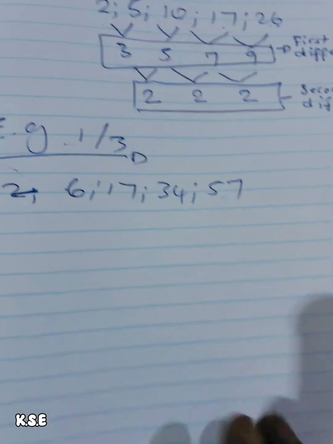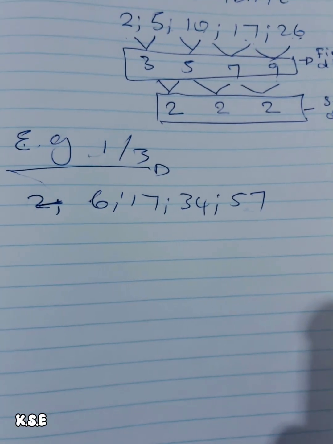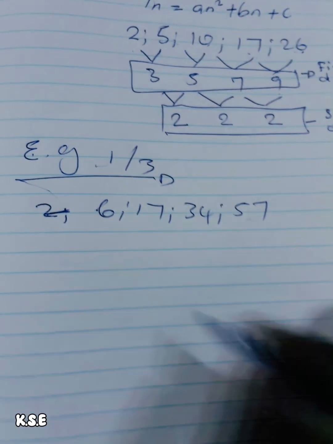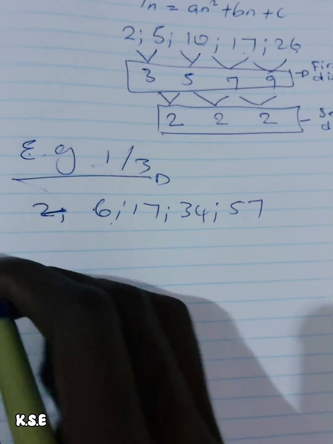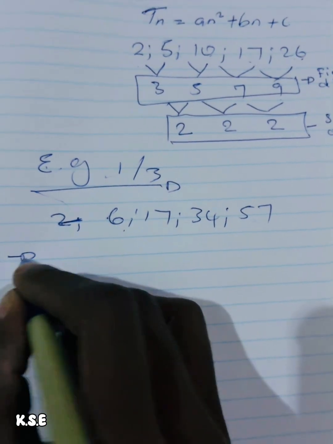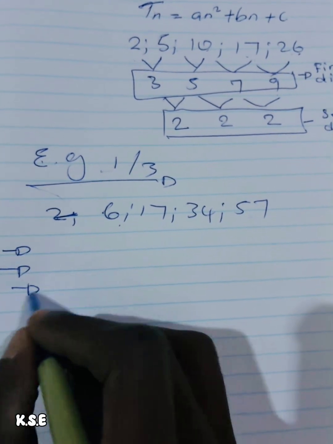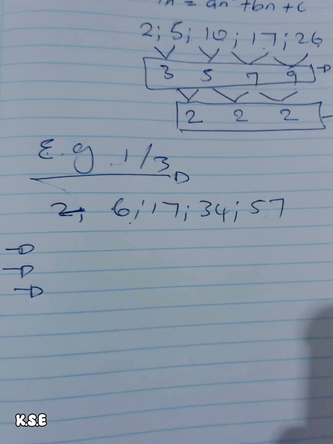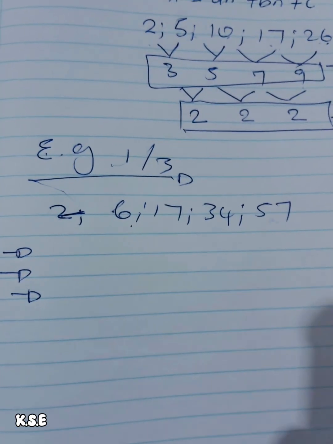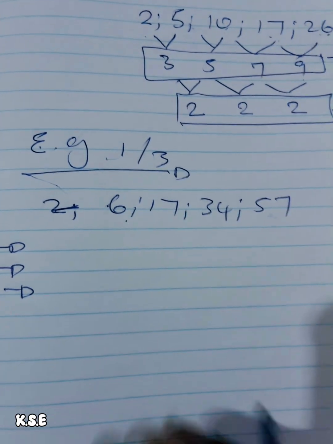We have this pattern, which is 6, 17, 34, and 57. First things first, we're going to do the following questions so you can understand even further how they're going to ask you during the exam, so you can answer the questions.